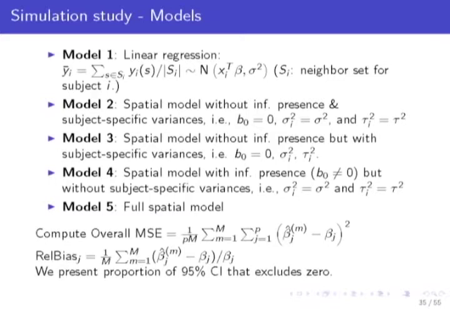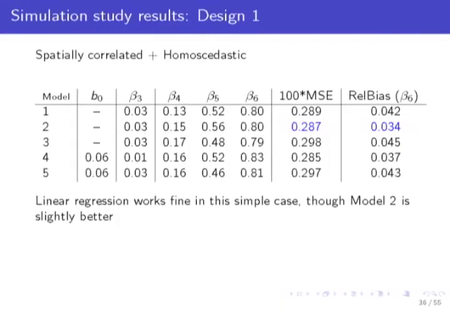I compute the overall mean square error for all the parameters taken together, and the relative bias. And I present the proportion of 95% credible intervals that exclude 0, some kind of Bayesian power, to see how things look. So this is the result from my design 1, which is spatially correlated and homoscedastic.